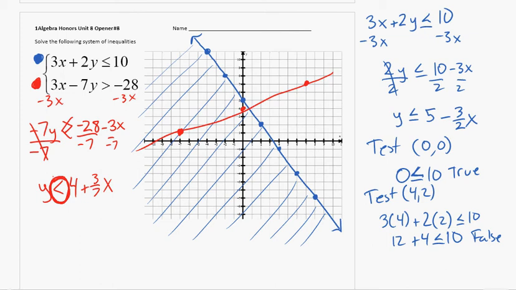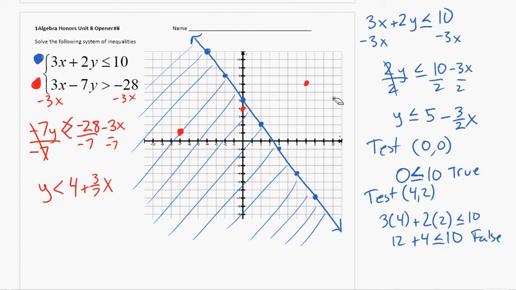And remember what the line through those points represents: the points where y is exactly equal to 4 plus 3/7 x. Well, we don't want to count those points. We only want to count the points where y is less than 4 plus 3/7 x.